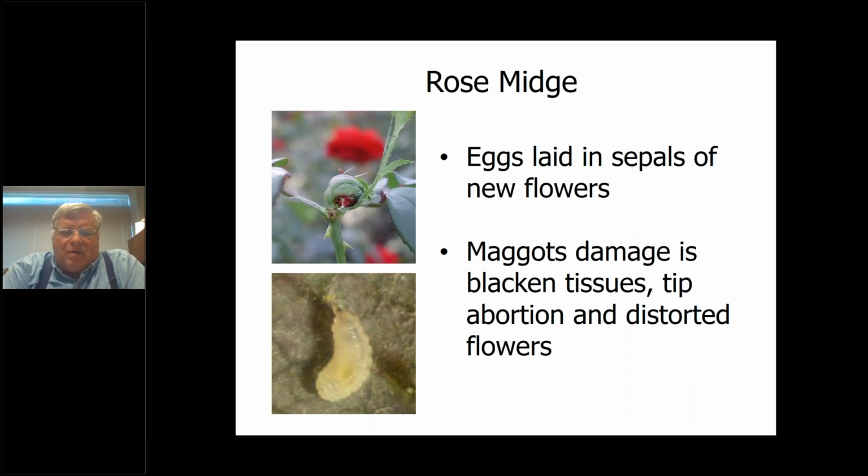Rose midge, something that occurs out in the Pacific Northwest and in the Midwest and down into the DC, Northern Virginia area, and I'm afraid it's going to keep moving into other areas. This is caused by a midge or a fly.